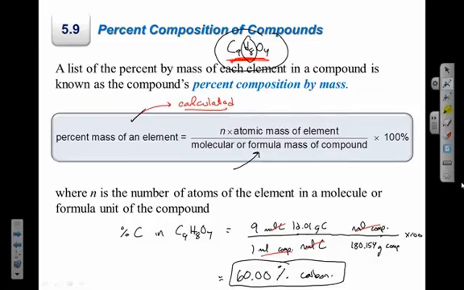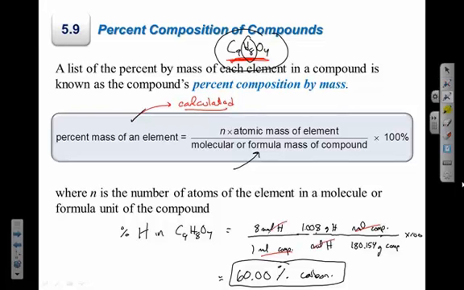So if I wanted to calculate the percent mass for hydrogen, it would be the same formula, but the top part of the fraction would be different. Instead of working with carbon, I'd be working with hydrogen. So I would say that I've got 8 moles of hydrogen, and each hydrogen is 1.008 grams per mole.